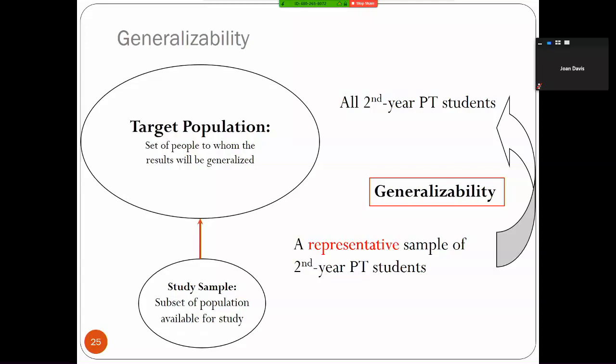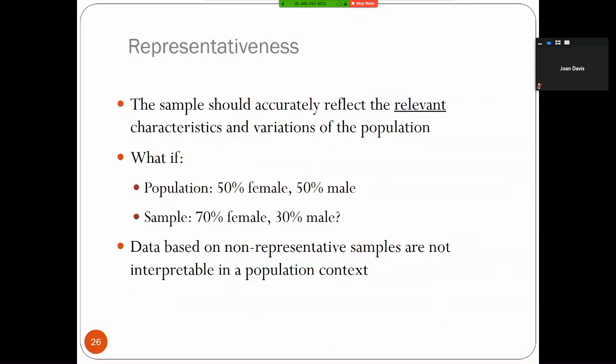The sticking point, though, is right here. Unless it's a representative sample, our inferential statistics mean absolutely nothing, which is commonly the case in published manuscripts, unfortunately.